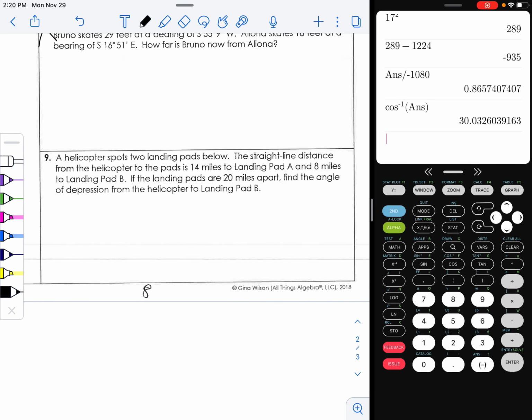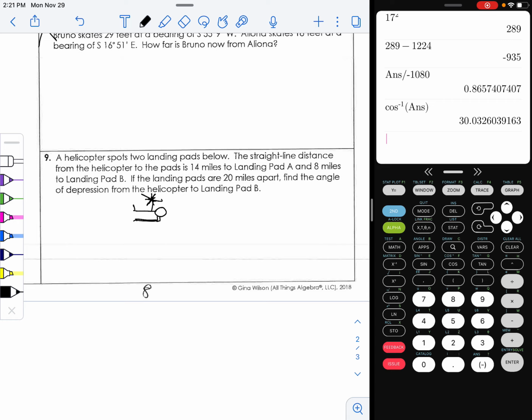So we've got our helicopter. Here's my little helicopter out front here. I'm not a very good drawer, but this comes up, and these are my little wing thingies. This comes up too. These are my little landing pads. Okay, not a great drawer, but you got the picture. And it spots 2 landing pads below.